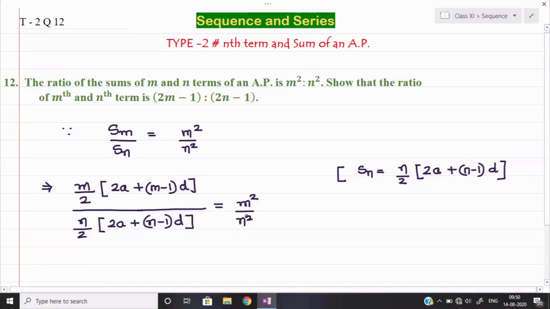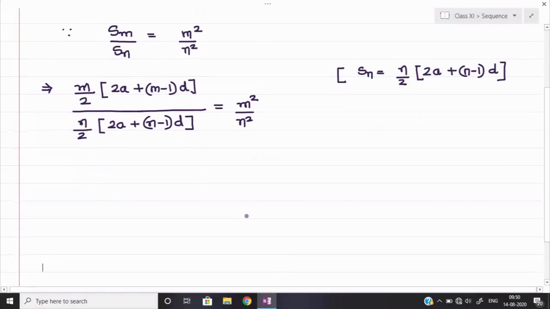Okay. Now further, here you observe the 2 will be cancelled easily because it is also in the numerator and it is also in the denominator. Second thing, this m is common, so this m and this m square, 1 m will be cancelled. Same way the n square, 1 n and here 1 n will be cancelled. So what is remaining here?